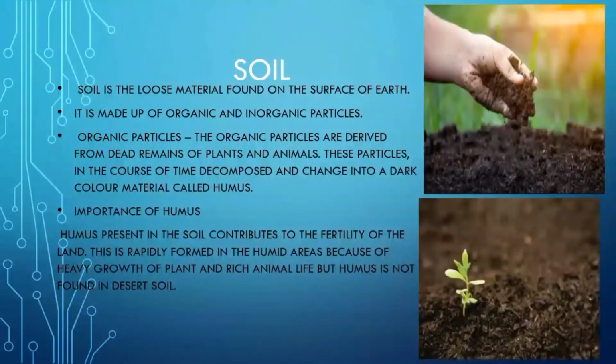So let's go on. The most important natural resource upon which all human activity is based is land. It is used for growing crops, building houses, constructing roads and railway tracks, establishing industries, grazing animals, mining, etc. So, children, the lithosphere consists of loose surface material that is called soil.